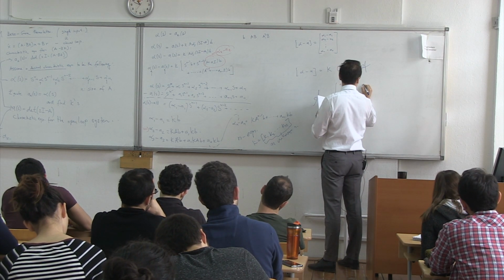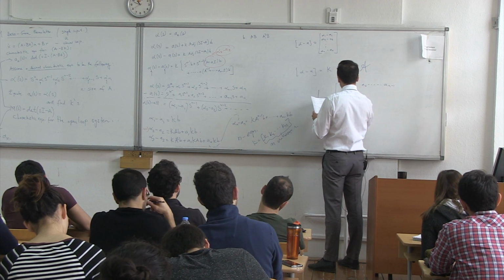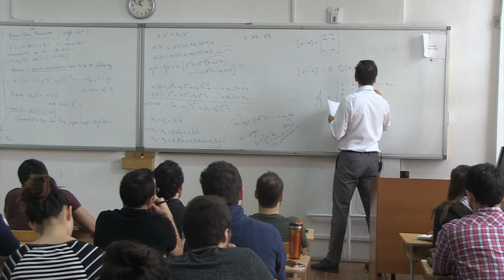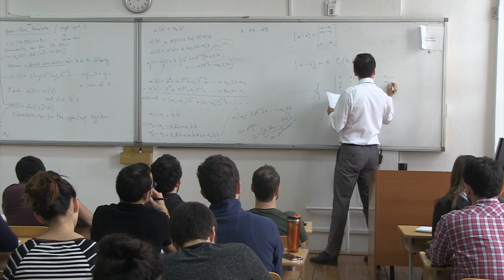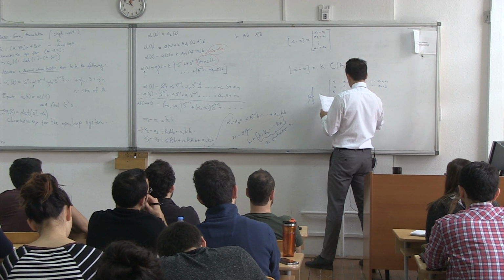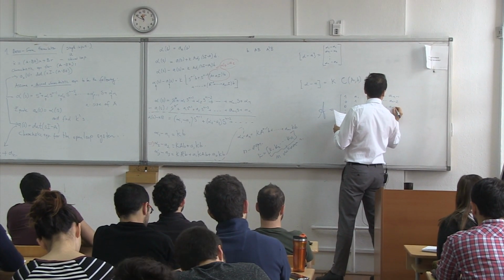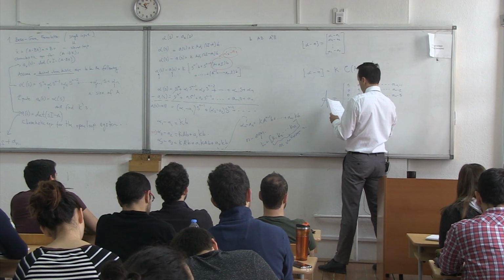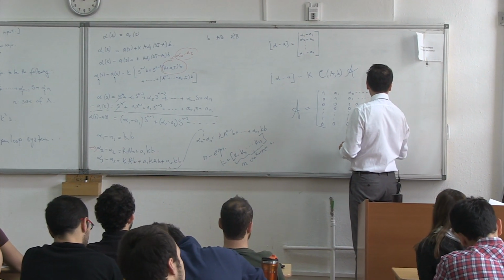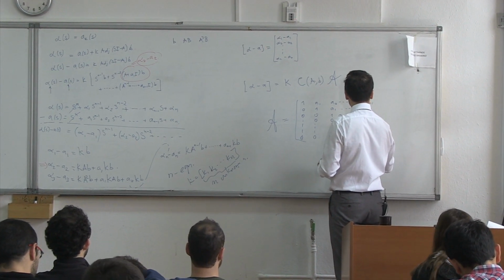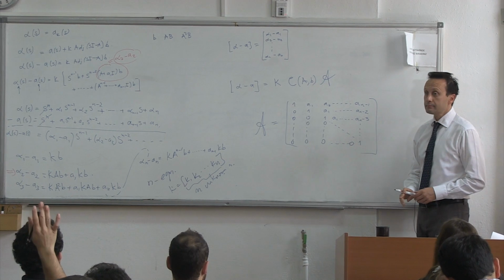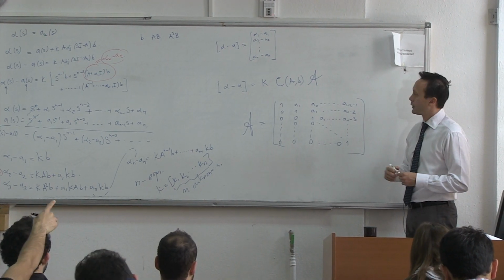1, a1, a2, all the way to an minus 1, then 0, 1, a1, an minus 2, and so on, with zeros below and a 1 on the diagonal. Works like this. You will see, just wait.